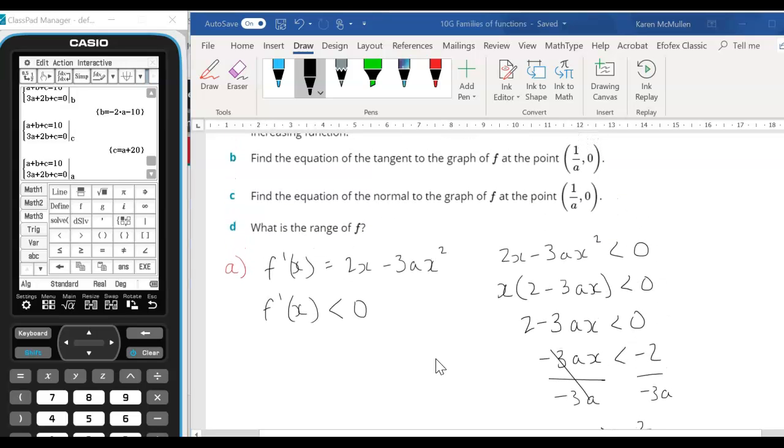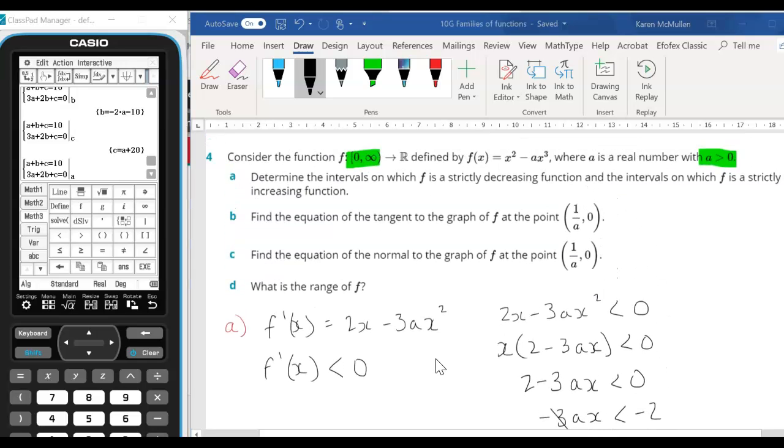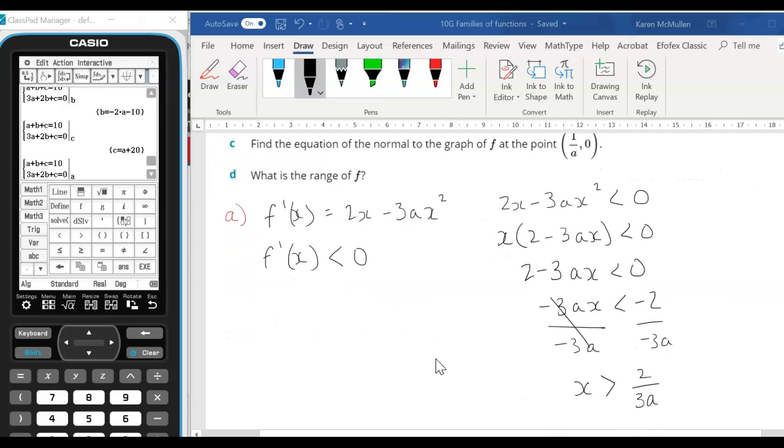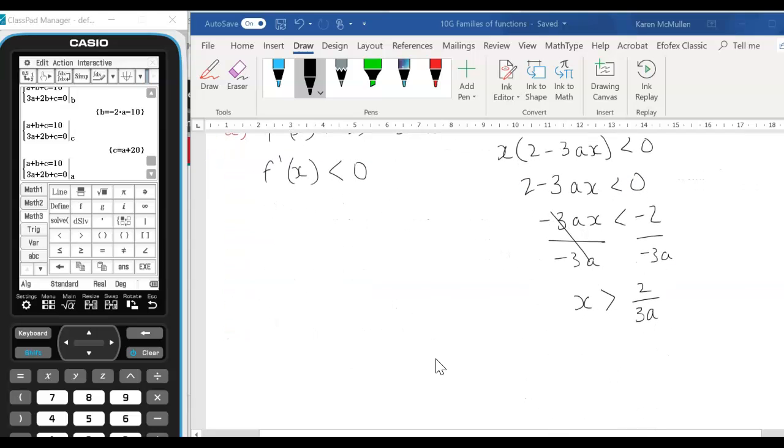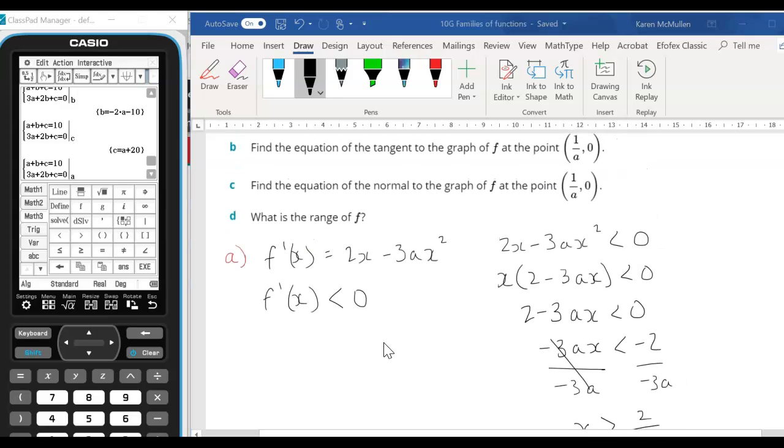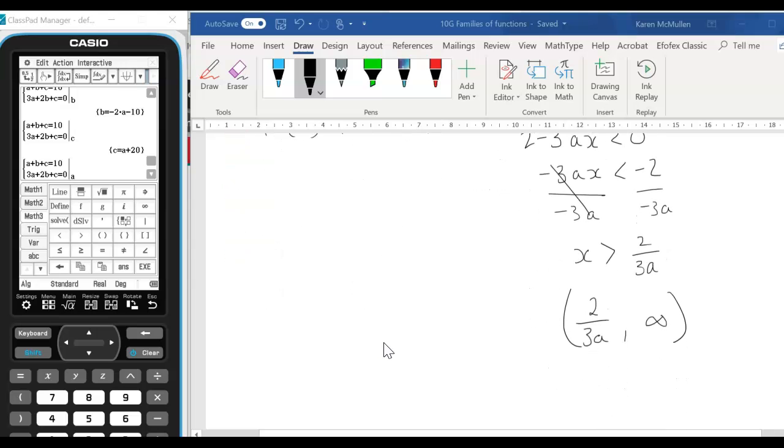All right, so let's go to the intervals. So x is between, starting at 2 on 3a, and it's not including that value, but to infinity. All right, so from 2 over 3a to infinity. So that's where it is strictly decreasing.